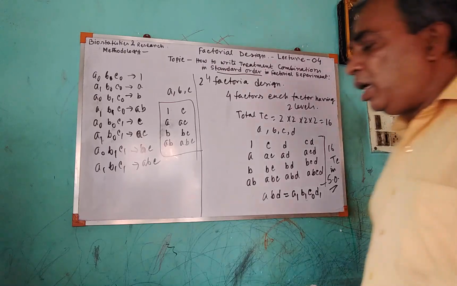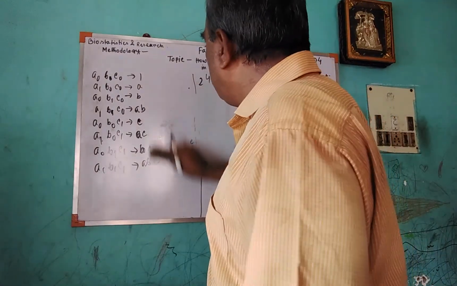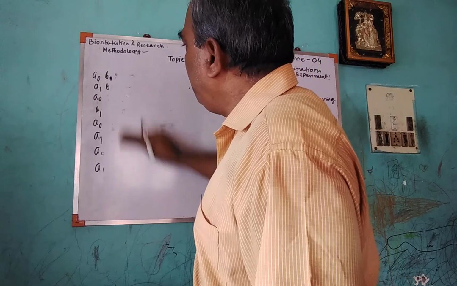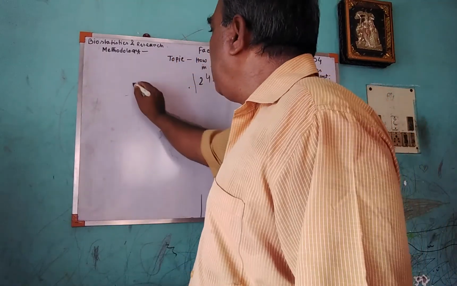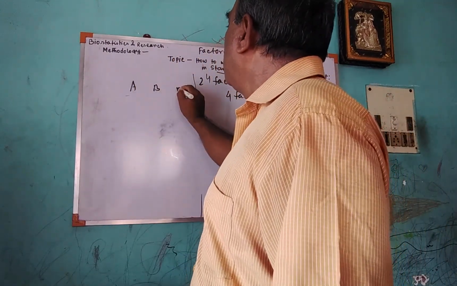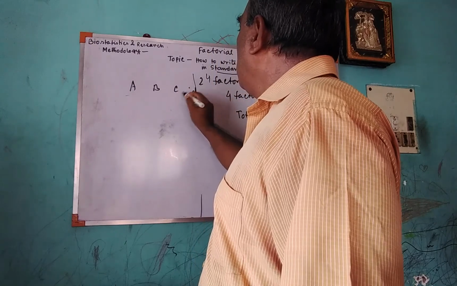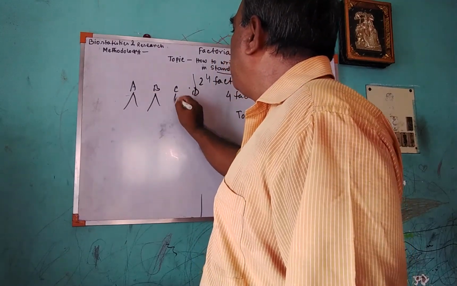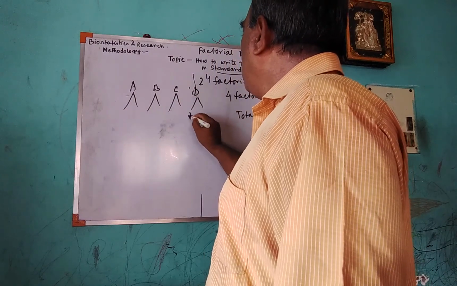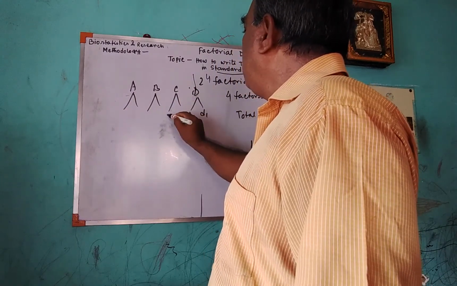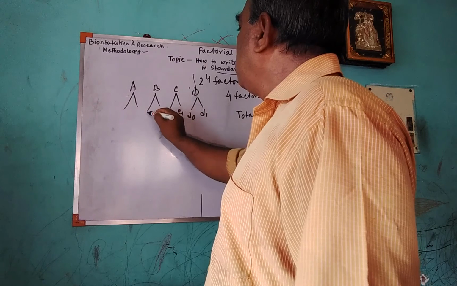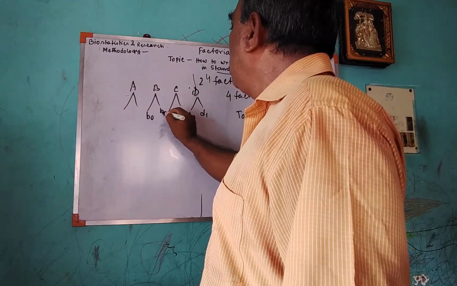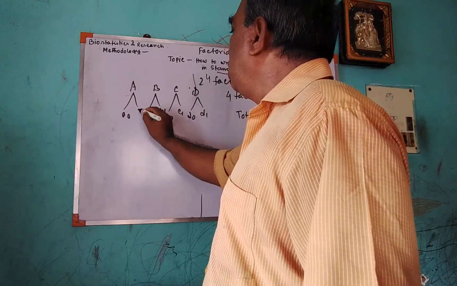There are 4 factors, A, B, C, D, each with 2 levels: D0, D1, C0, C1, B0, B1, A0, A1.